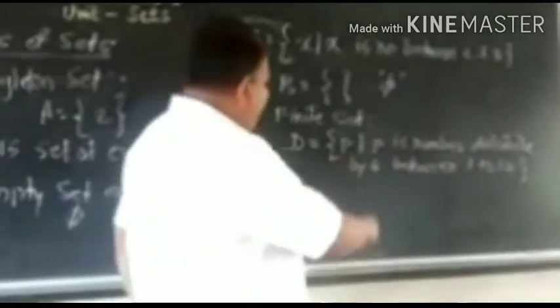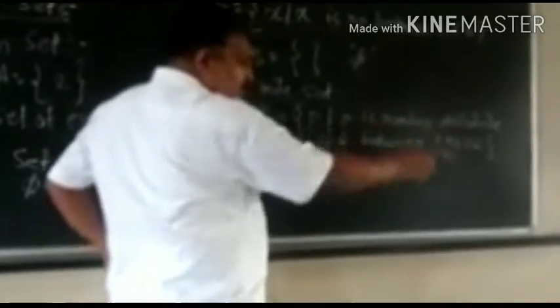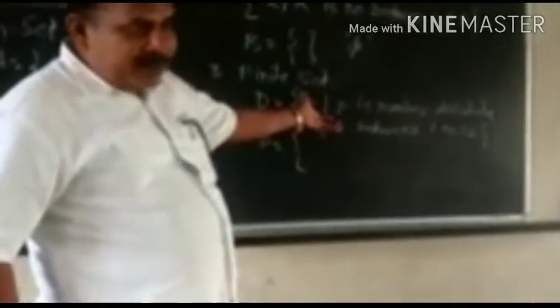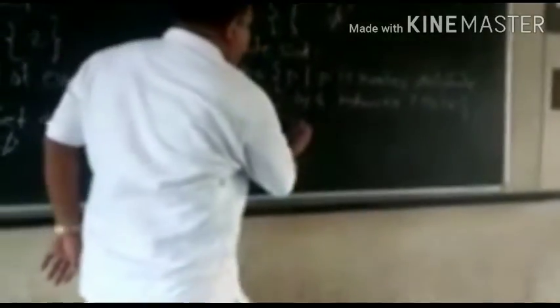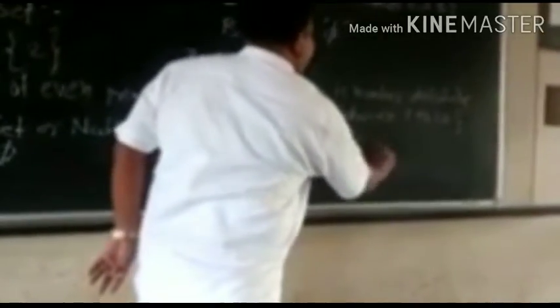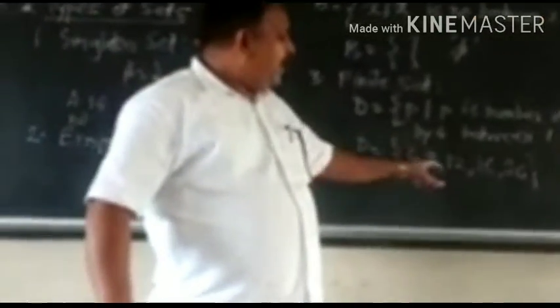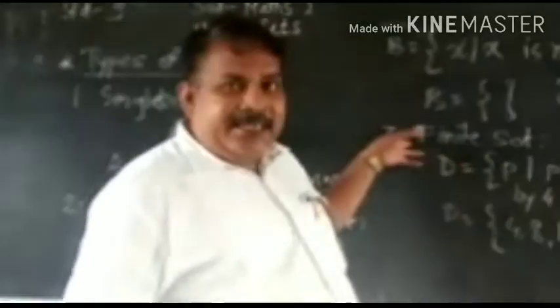Those divisible by 4 are 4, 8, 12, 16 and 20. These are the elements and they are limited and can be counted. So that is called the finite set.